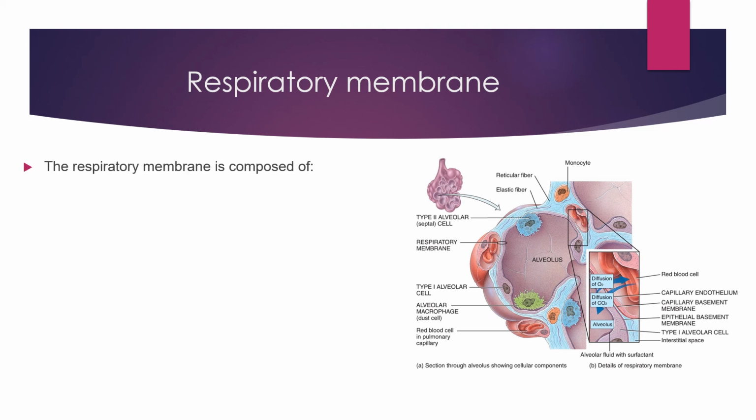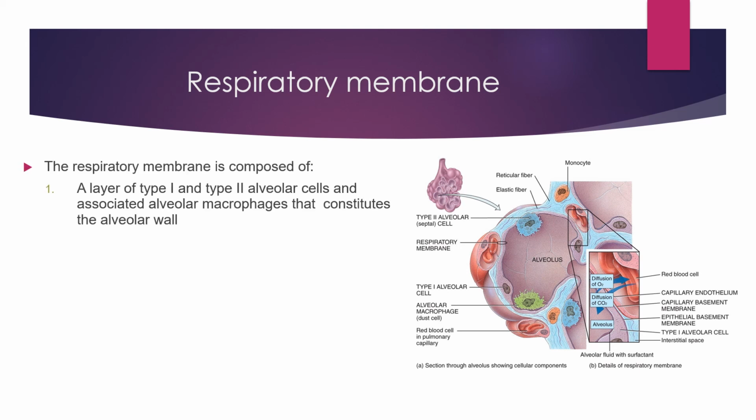The respiratory membrane is composed of a layer of type 1 and type 2 alveolar cells. So you can see here, this is the type 1 alveolar cell and the type 2 alveolar cell that constitute the alveolar wall, and the alveolar macrophages are also present. This is nothing but the alveolar macrophages.